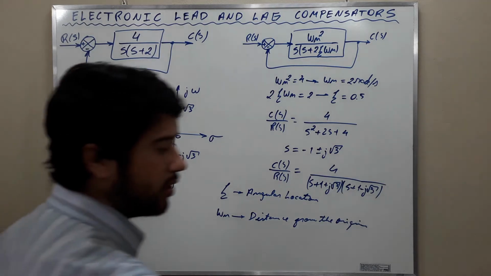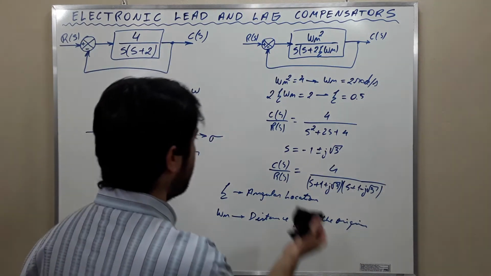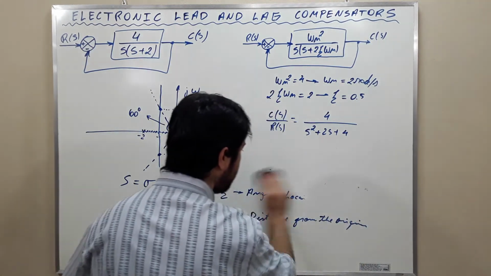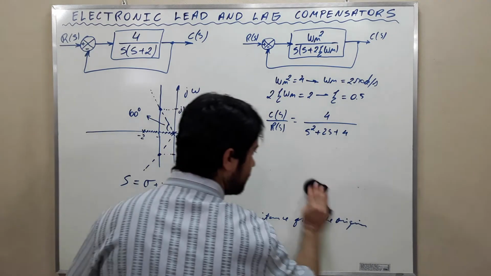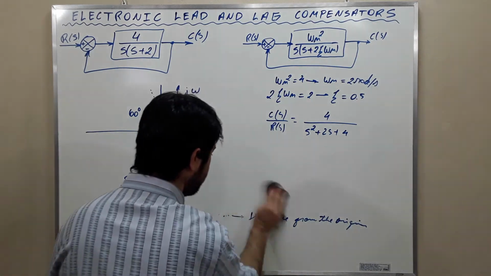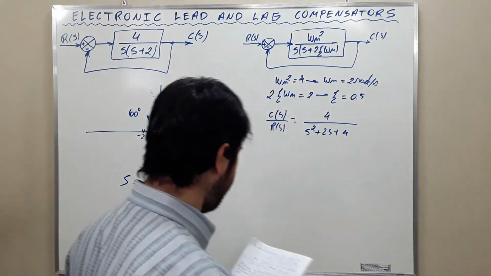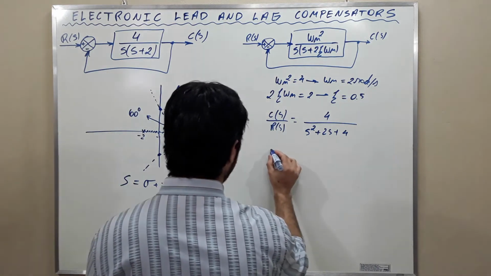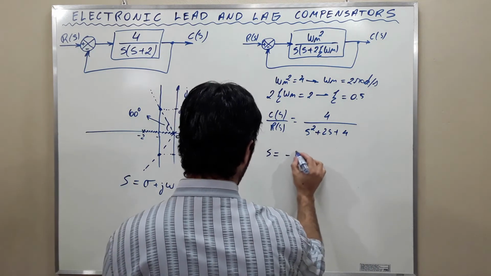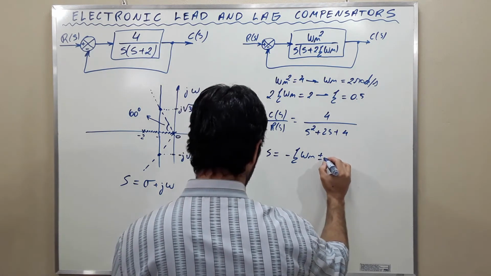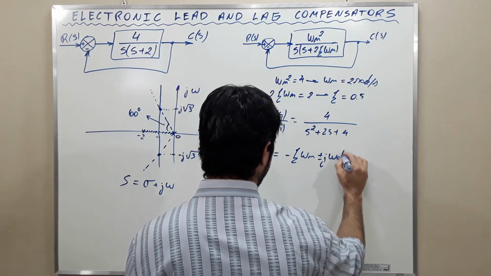The desired location is going to be s equal to minus zeta Wn plus or minus jwd.